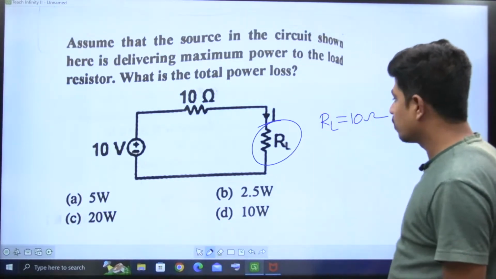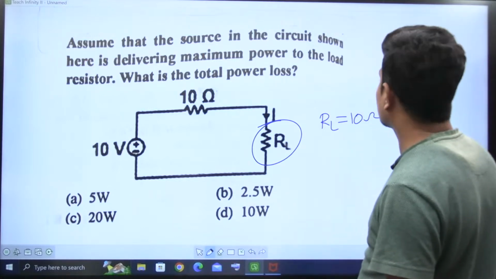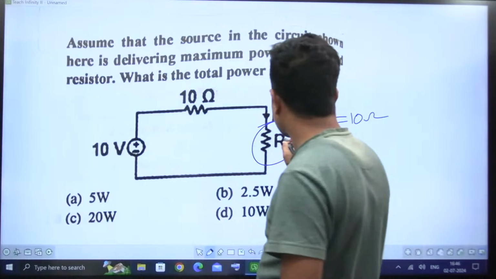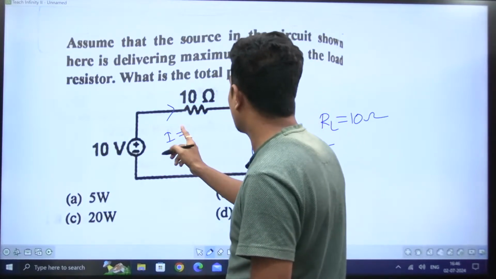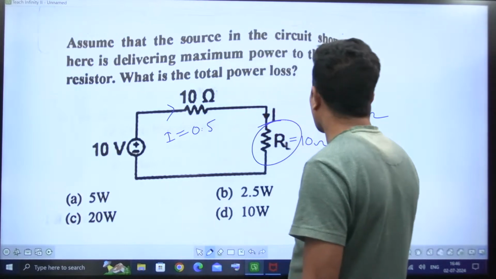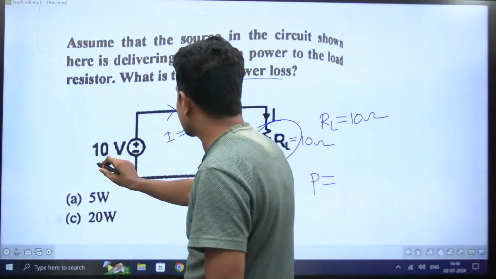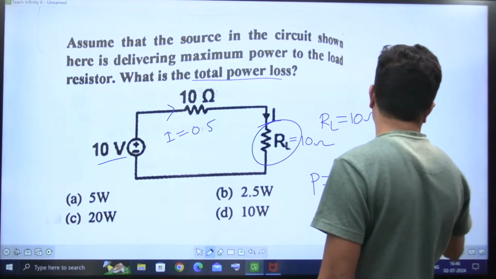So R load is equal to 10 ohm. What is the total power? If the load is also 10 ohm, how much is the current? Current I is equal to 10 divided by 10 plus 10. Current is 0.5. Total power means voltage V, 10, into current 0.5, that is 5 watts.